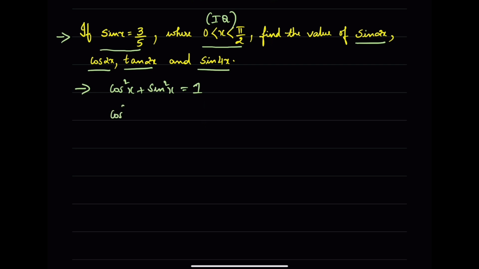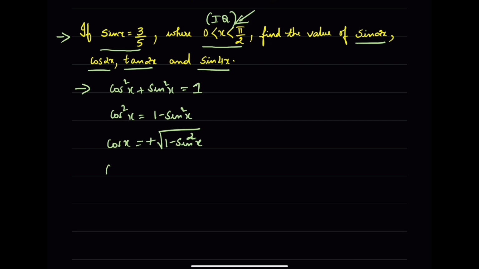So cos square x is 1 minus sin square x. Now cos x is the positive value of the square root of 1 minus sin square x. The reason we are using the positive value is that x is in the first quadrant, and in the first quadrant all the trigonometric functions are positive, including cos.